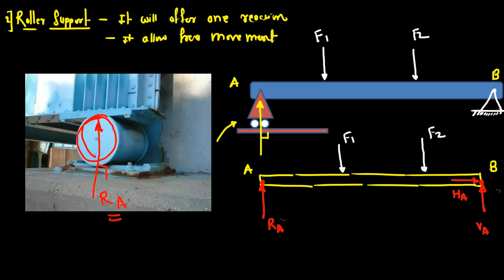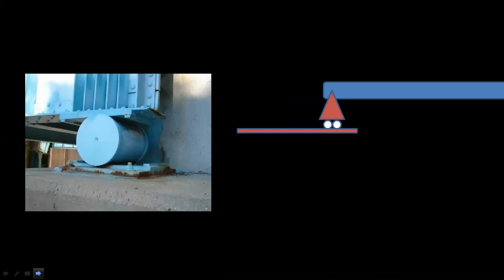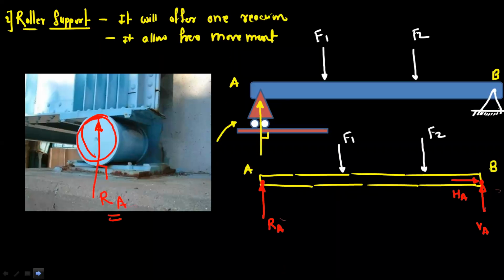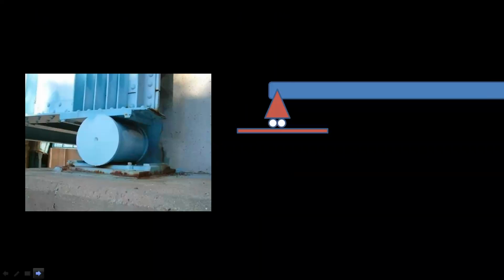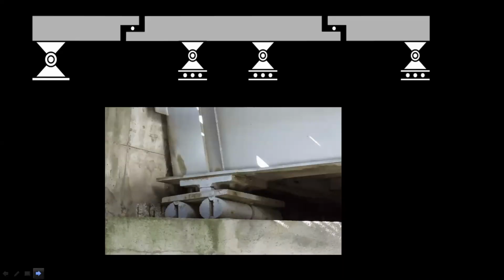So such types of supports are used in the construction of the bridge. So the roller support will allow the free movement of the object. So you can see here, the object can slide in the horizontal direction, like this.